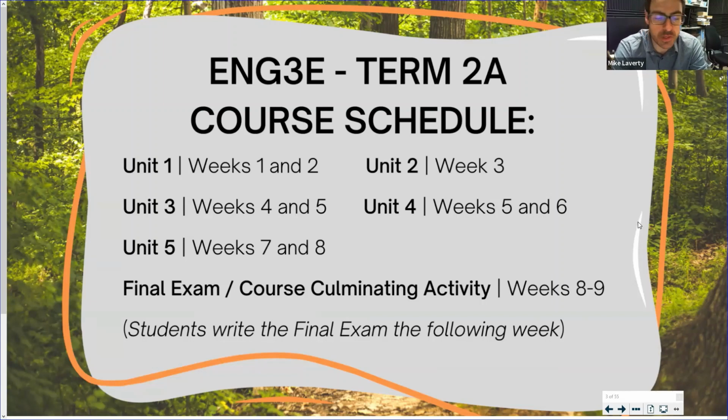So after the 9 weeks of class are done, then you organize a final exam. If you're working on this course as an independent learner, then you have different timelines. But I really think it's important that you try to do this course in that 9-week time period.